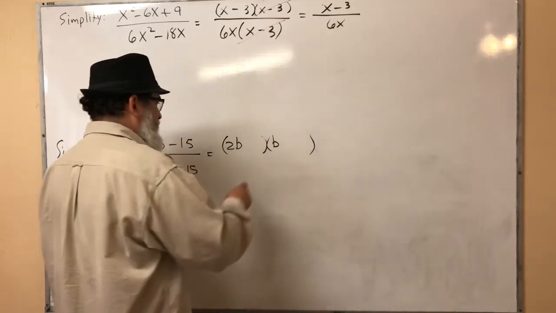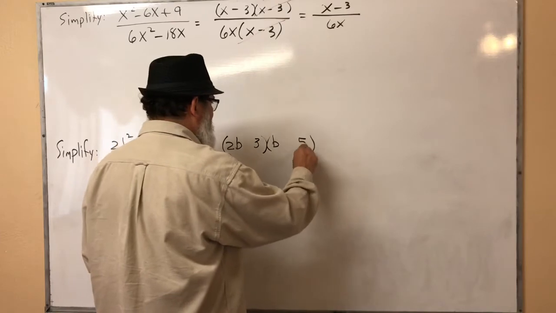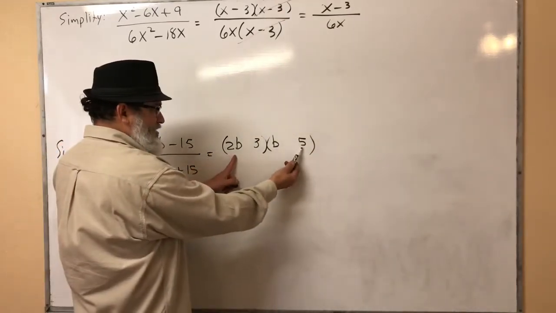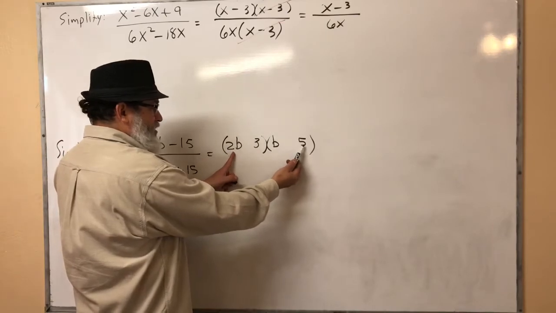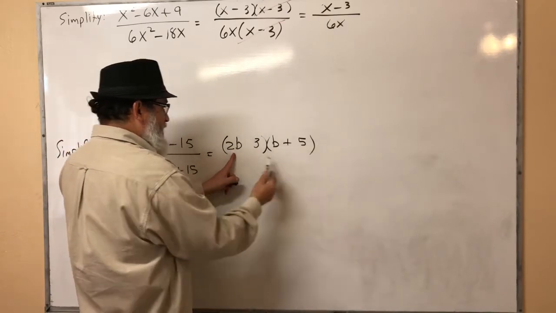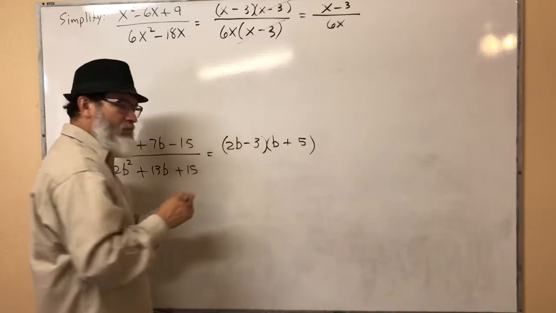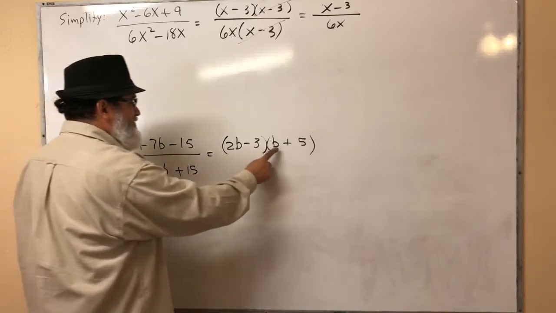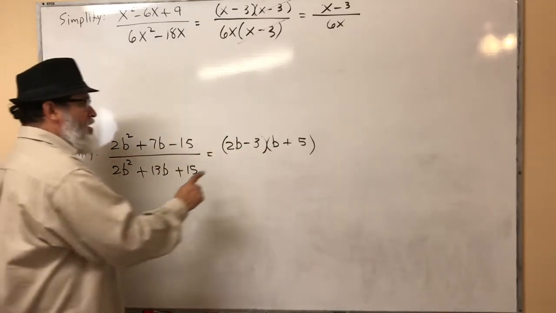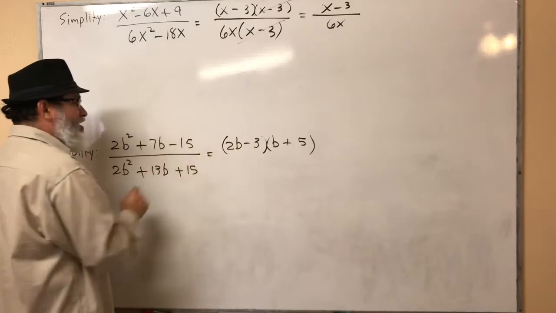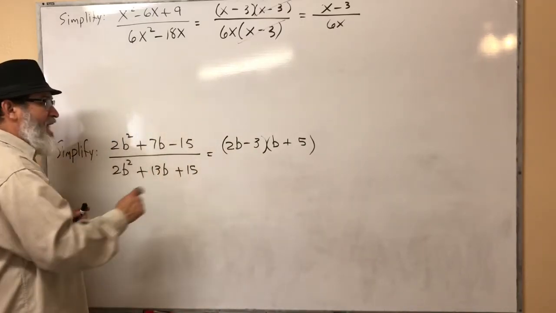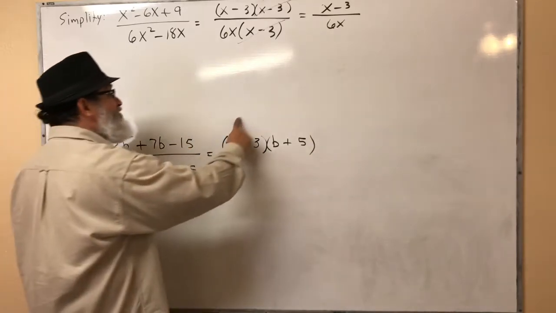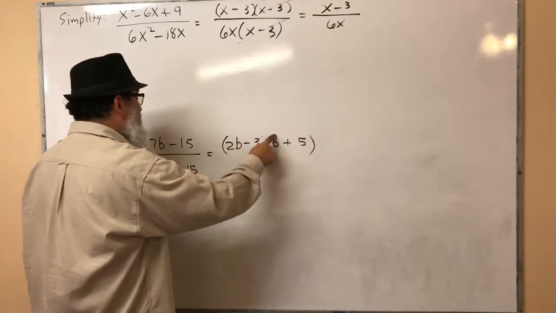And you see this 10? This 2 times 5 is 10, I'm going to make it plus, and I'm going to make this minus. And I'm going to check now. So 2b times b is 2b squared, negative 3 times 5 is negative 15, yes. And then outer is 10b. 10b minus 3b is 7b.